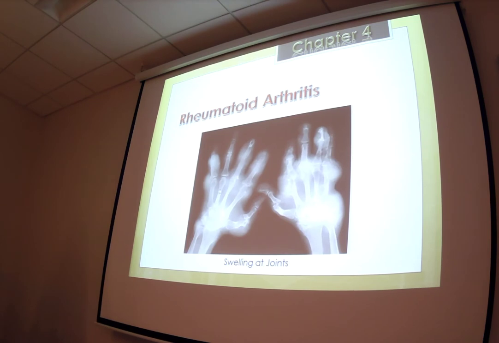So here, at the swelling at the joint, you can see all the soft tissue swelling on these x-rays. You can see here, some of it actually looks like it's already starting to fuse together. The first digit here is actually subluxed. Again, here it's starting to fuse. The wrist, you see all the swelling there.